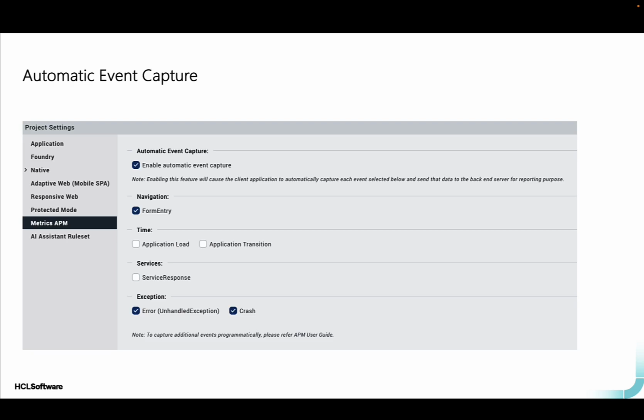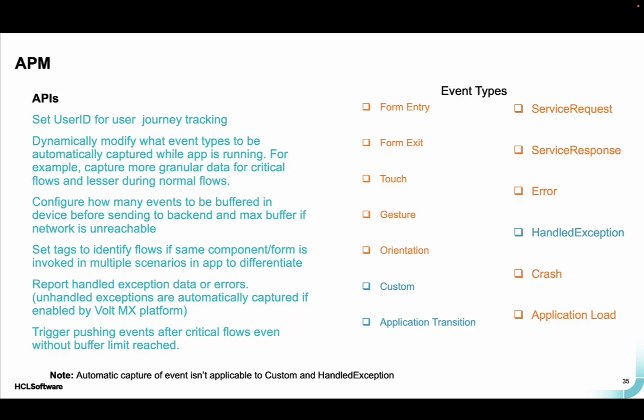The APM user guide goes into more events that can be turned on or off programmatically at runtime. The reason we do not want to enable all of this right from here is we wanted people to be sure that they want that level of granularity to be captured, and too many events can kind of mask the issue as well and create an overload.